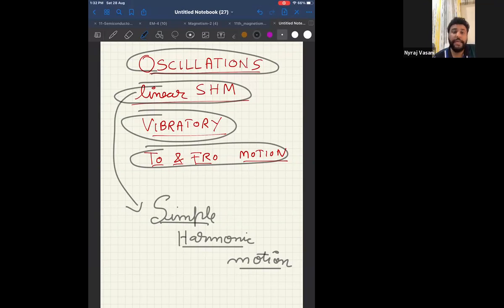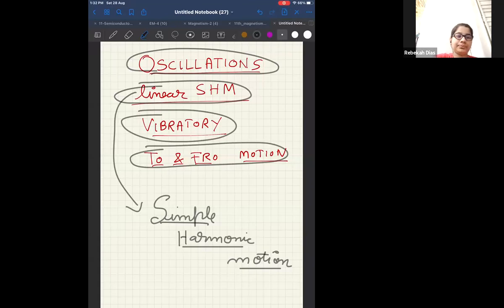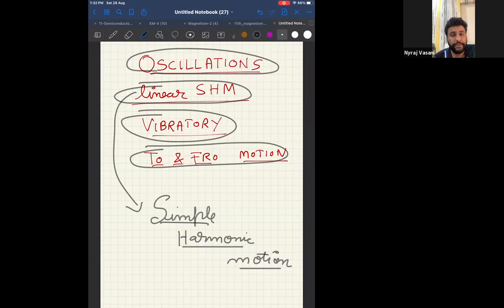Therefore, every oscillatory motion has to be periodic. In other words, oscillation is a subset of periodic motion. All oscillatory motions have to be periodic, but all periodic motions need not be oscillatory.